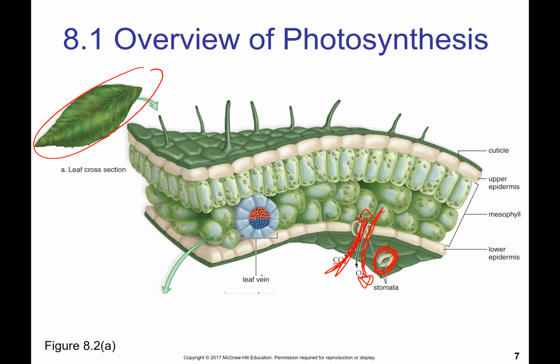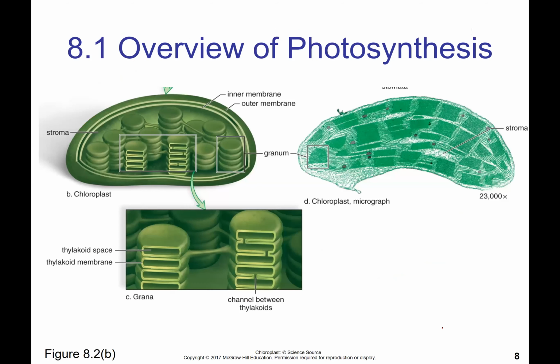Here we have the leaf vein. So this is where water is going to go in, coming up through the roots. We have the mesophyll layer, and that, as you can see, has all the cells with chloroplasts in them. So this is the leaf section. It's in these cells where photosynthesis is actually going to be taking place.